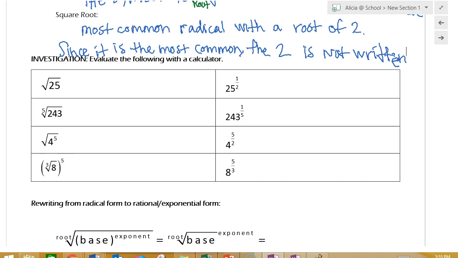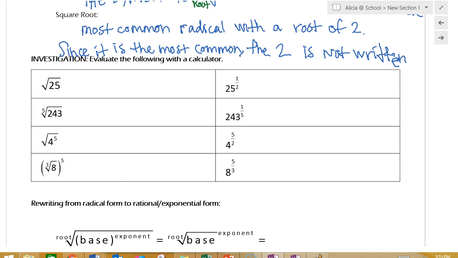Alright, looking at the next part of our notes, there is an investigation for you guys to see some comparisons between expressions that have radical symbols and expressions that have our exponent as a fraction. So we're going to evaluate some of these.